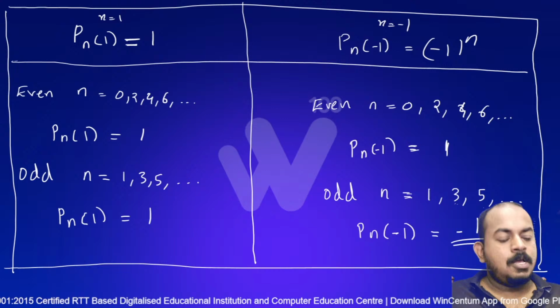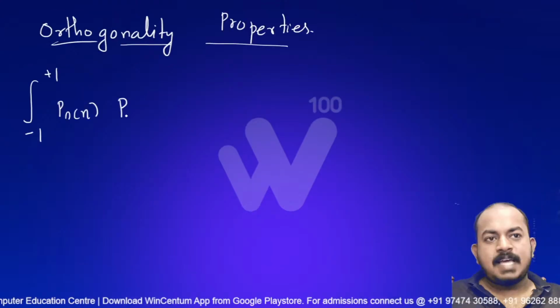Since here we dealt with x from -1 to +1, in general this orthogonality property is also from -1 to +1: the integral of Pn of x times Pm of x dx equals 2 upon 2n plus 1 times Kronecker delta mn.